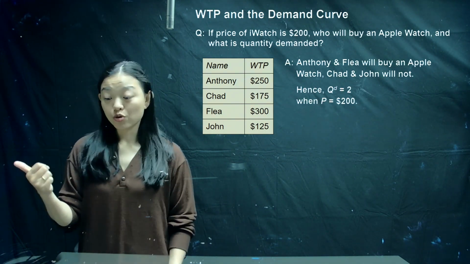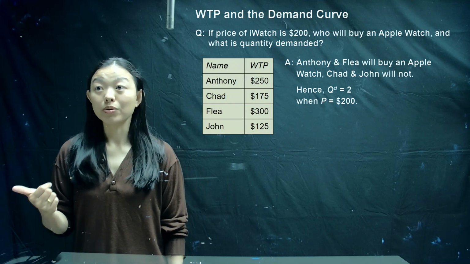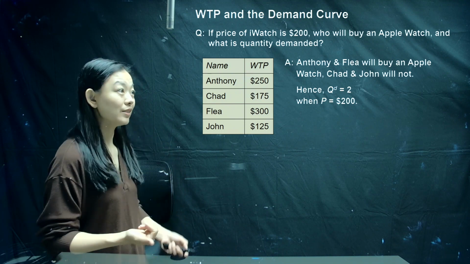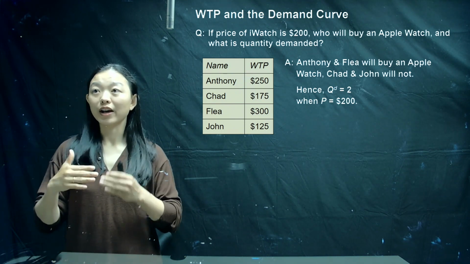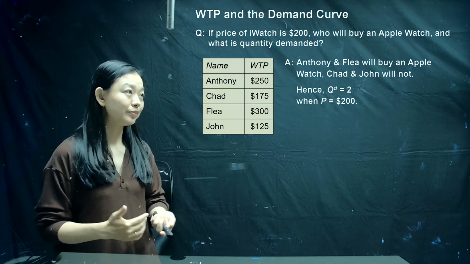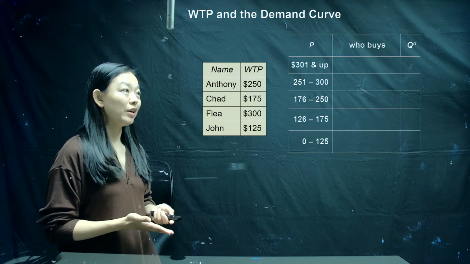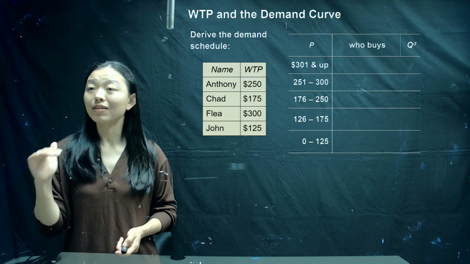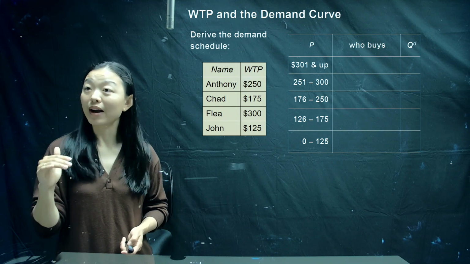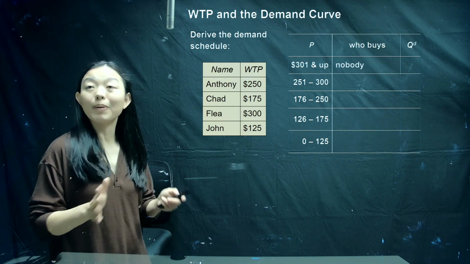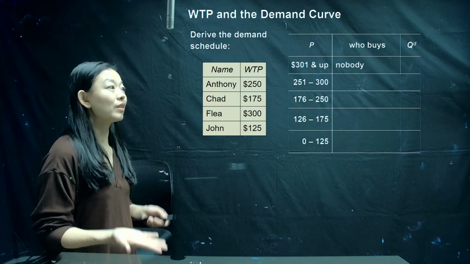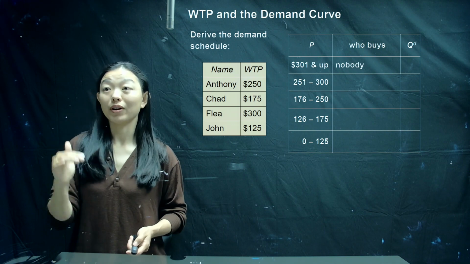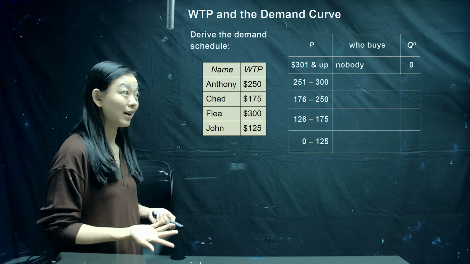So here the quantity demanded equals 2 when the market price is $200, right? Based on this, we can create a demand schedule. The demand schedule says: if the market price of an Apple Watch is above $300, then nobody will buy it. So the quantity demanded for the Apple Watch, if the price is more than $300, will be zero, right?